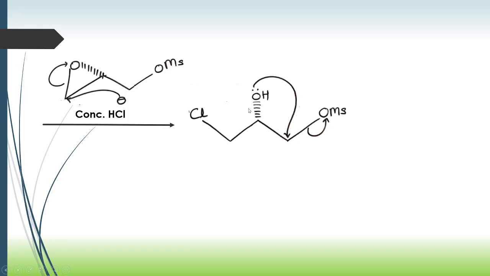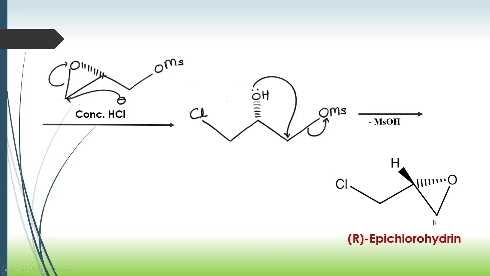This Cl negative attacked over this, and this bond is open over this oxygen, and after the protonation, here it is an OH, and in the next step there is a removal of MsOH, and we got this epoxide. So this is the R-epichlorohydrin. So this is the overall mechanism for the R-epichlorohydrin.